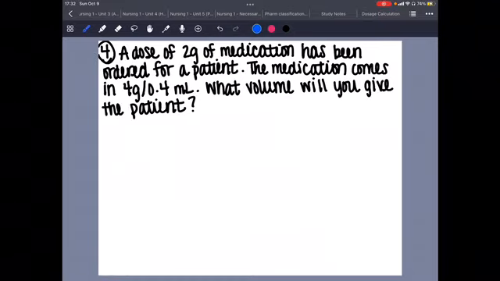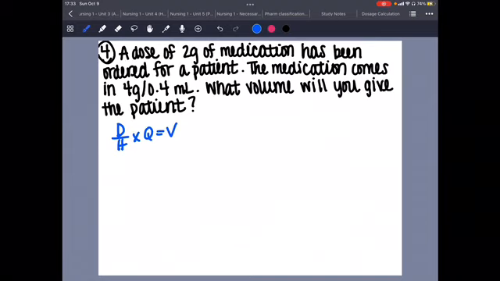Okay, so now we're going to get into where we have numbers attached to that ml. So a dose of 2 grams of medication has been ordered for a patient. The medication comes in 4 grams over 0.4 mLs. What volume will you give for this patient? The wording sounds a little bit off, but you're literally just solving the exact same way like we did the other ones.